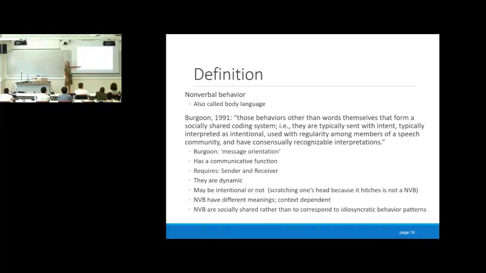So, for example, raised eyebrows can be a mark of surprise. You can use it to mark your pitch accent, to emphasize words, or to mark a question. And as I said, they're socially shared, but they can also be idiosyncratic, that means linked to you. You have a particular way of expressing yourself.